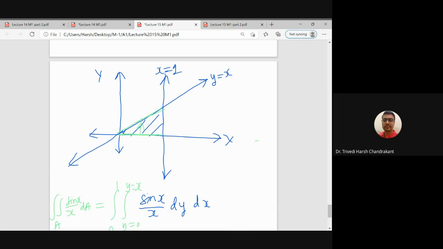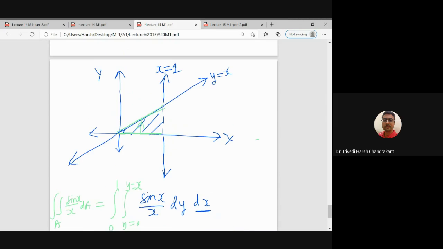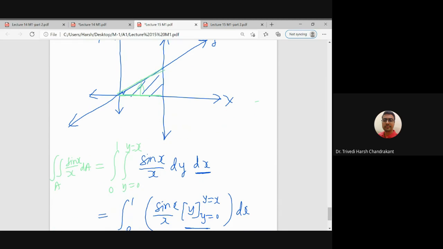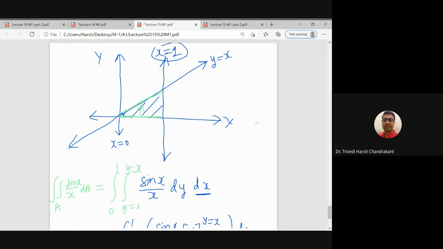So now here we have the limit of x which is constant. How did we find this? Because the region is between x equals to 0 to x equals to 1. On the other hand, if we want to find the double integral dy dx, then we need a constant limit of y and x as a function of y.